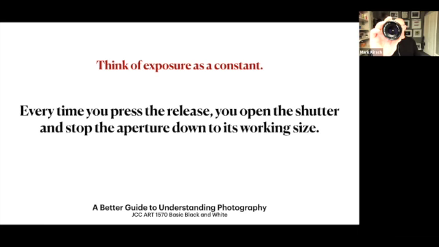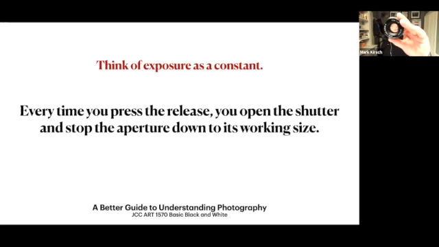And then as soon as the shutter closes, it'll open back up. The reason it does that is that if it was closed, you couldn't see through it. The world would be really, really dark looking through that tiny little hole. So the lens stays at its large aperture value until the instant you press the shutter release. Then it stops down and then it reopens.